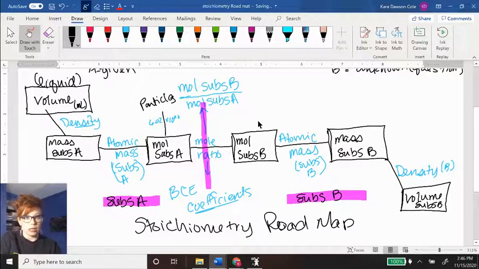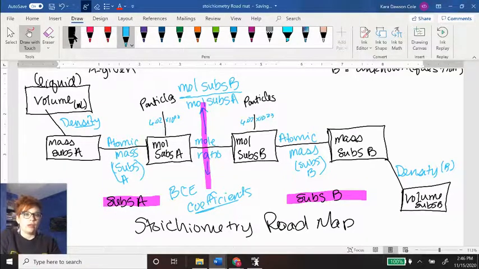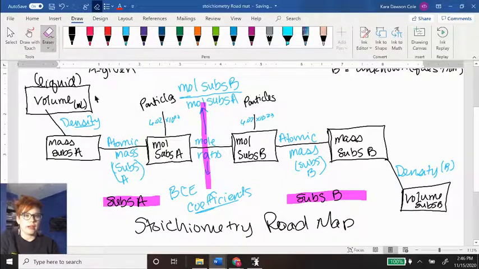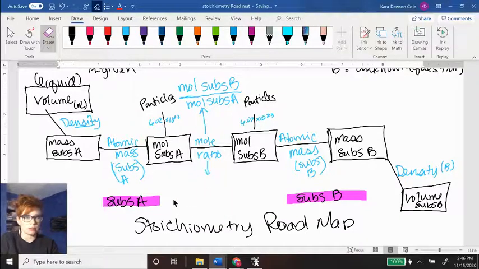So you get particles at the top here, which again, you're going through the 6.02 times 10 to the 23rd. Now, you have one other area here. I'm going to kind of erase this here. You should know that when you go through your mole ratio, it's coming from your balanced chemical equation coefficients.